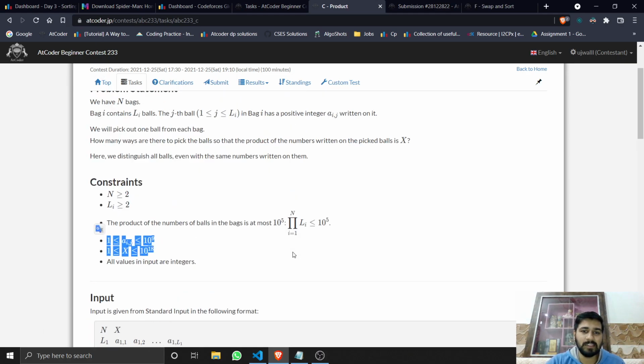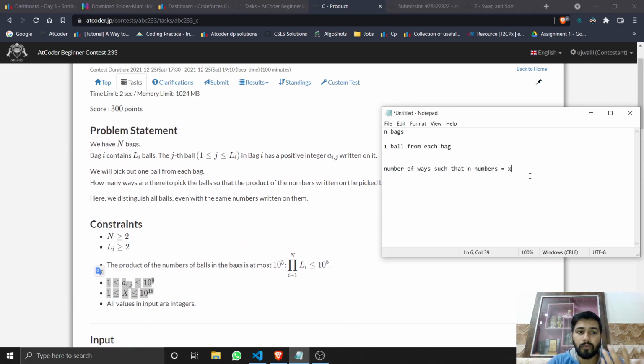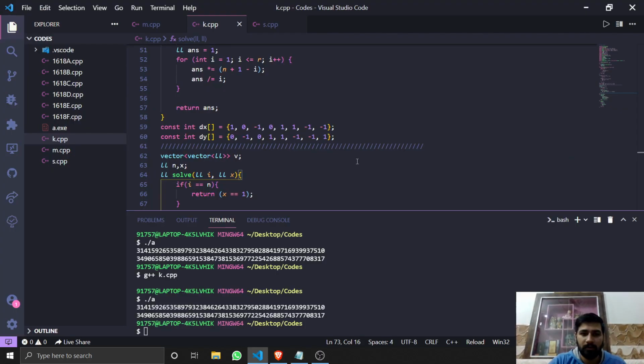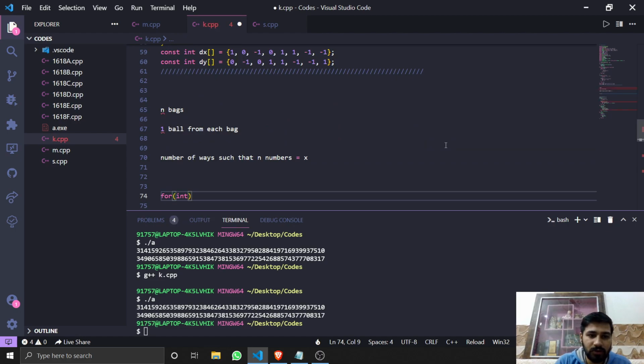So first of all, let's think about the brute force solution. What would it look like for this problem? Let me shift to VS Code, I think that will be better. What I would do is iterate on all the balls.